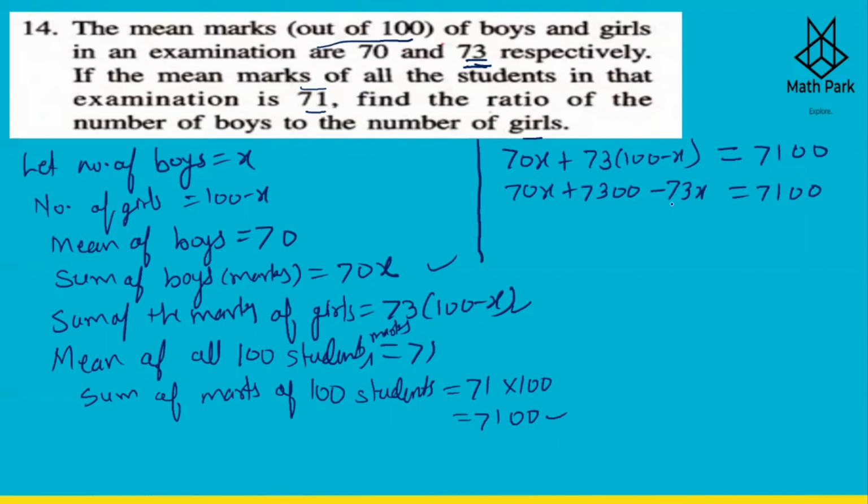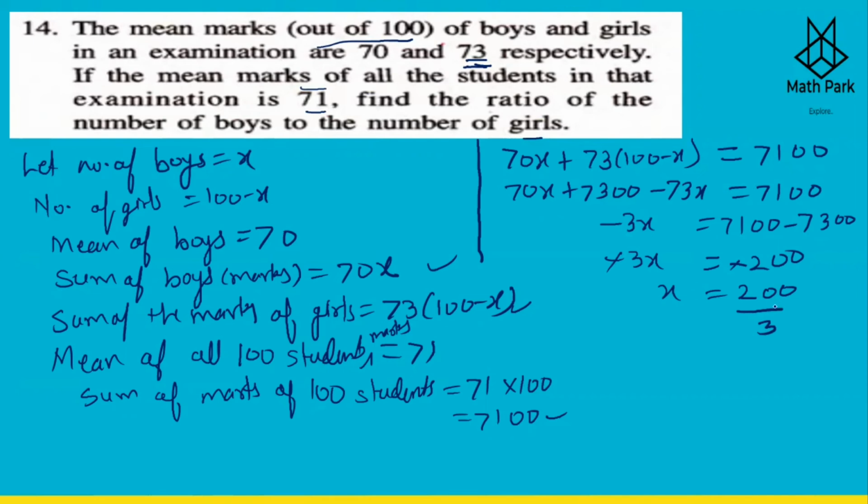So 70 minus 73 is minus 3x. If this 7,300 goes here, it becomes 7,100 minus 7,300. So you get minus 3x is equal to minus 200. So x is equal to 200 divided by 3, as the minus sign gets cancelled on both sides.